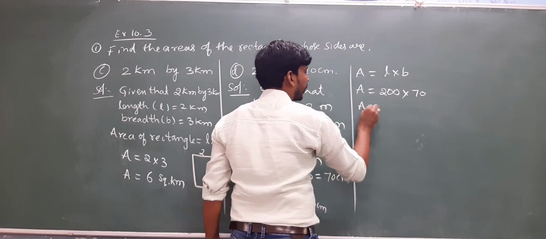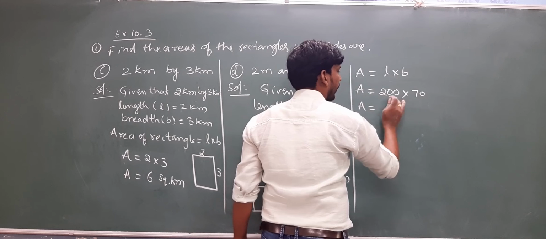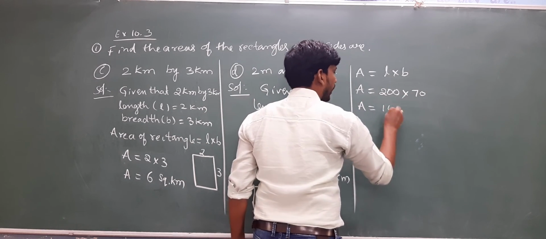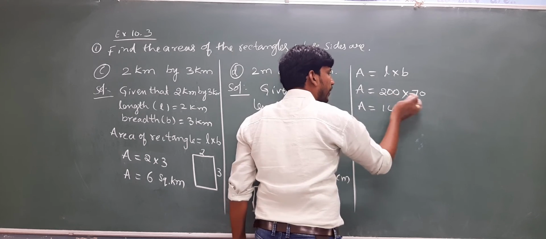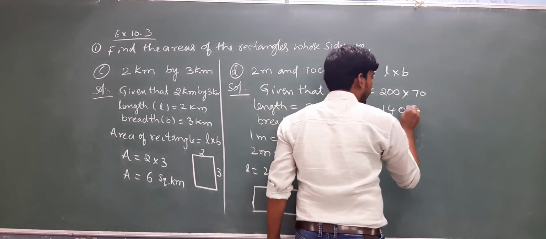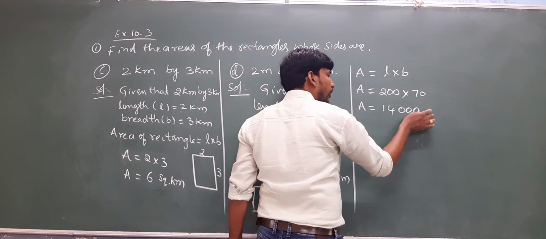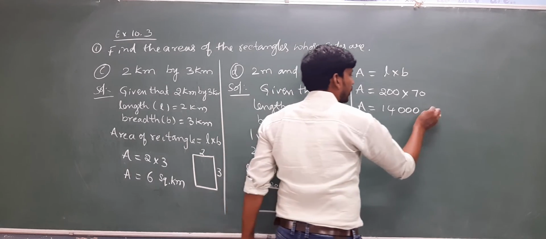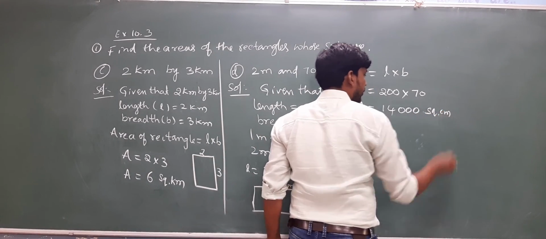Forget about the zeros, just multiply the numerical values. 2 sevens are 14. Now write the number of zeros. How many zeros are there? There are 3 zeros. You should keep 3 zeros. Now what are we going to write as the units? Both are centimeters, so here you will get square centimeters.